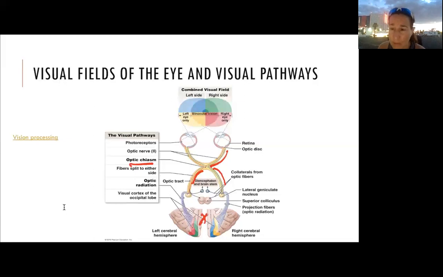He would process a telephone as a totally different word when he was trying to write down and describe what he was seeing. So it's kind of cool the way we process stuff, that some things go to the left side and some things go to the right side, and then we have to put it all together and figure out what exactly we're looking at. I'm not going to make you diagram out exactly what goes to what side.